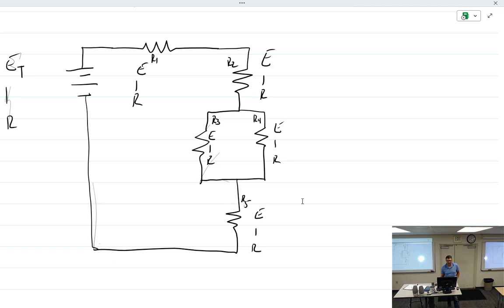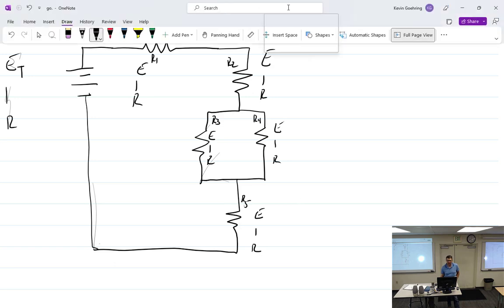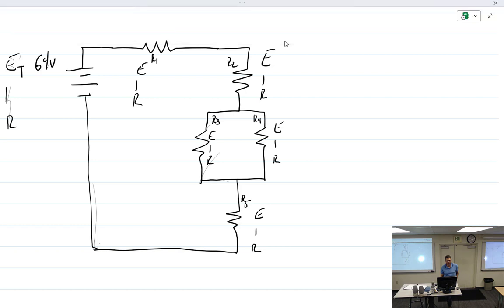And we need some resistance. How many volts do you have? 64 volts, okay? Resistance: 20 ohms. Maybe 65 ohms.